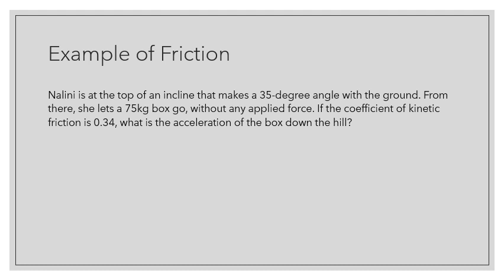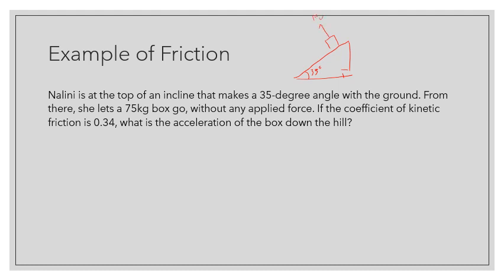So first, let's draw our free body diagram. So we have this incline. We know that it makes a 35-degree angle here. So we have this box here at the top of the hill.